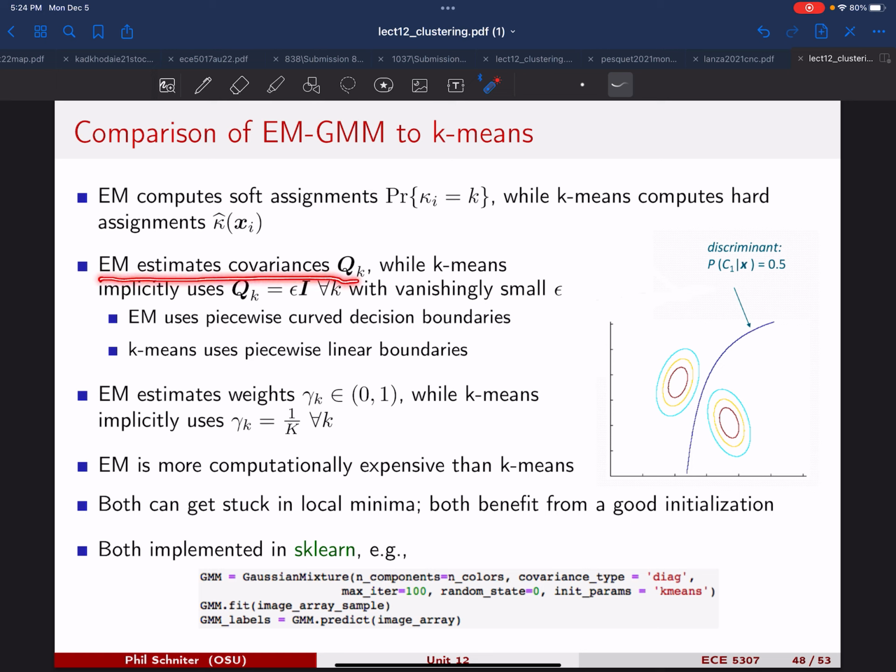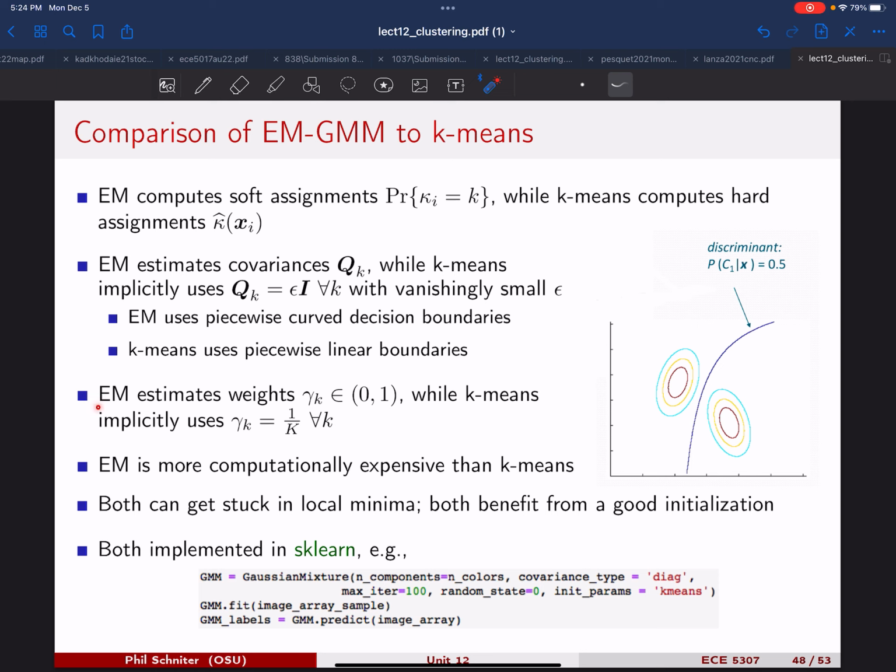EM estimates the covariances, whereas k-means implicitly uses scaled identities where epsilon is a very small number. And the result of that is, if you remember with k-means, the decision boundaries we had were linear. In this case, they'd look like this. But with EM, because you can have different covariance matrices, you actually get curved decision boundaries. So it's a little bit more sophisticated. K-means is piecewise linear.